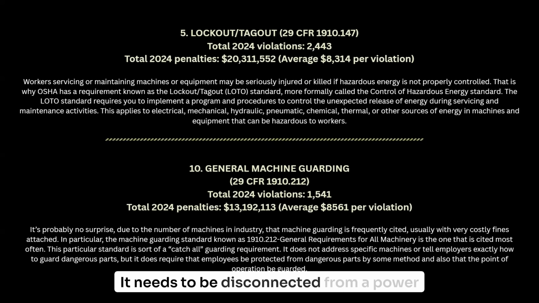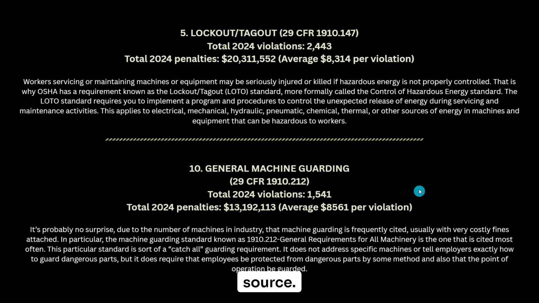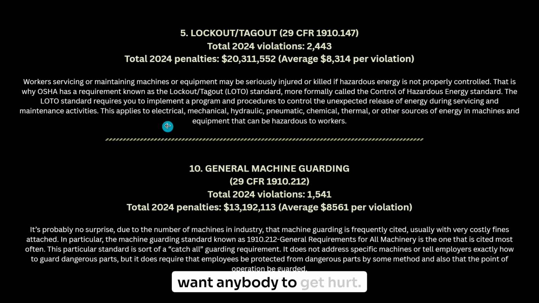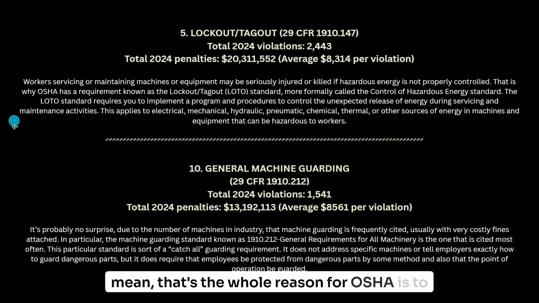It needs to be disconnected from a power source. And all the employees need to be informed that that equipment is not to be used. It's extremely important because we don't want anybody to get hurt. I mean, that's the whole reason for OSHA, is to try and have as few injuries and things as possible.